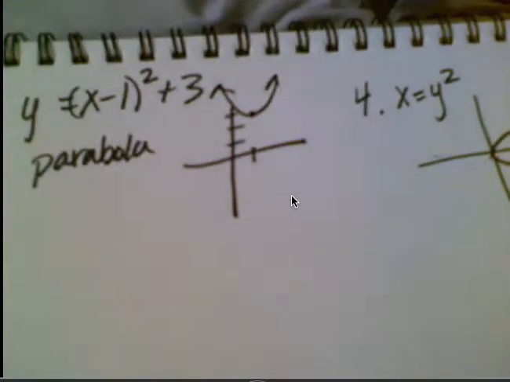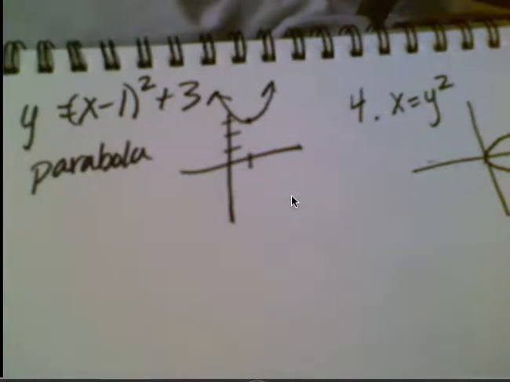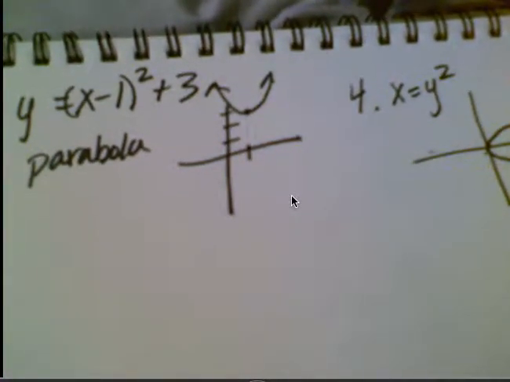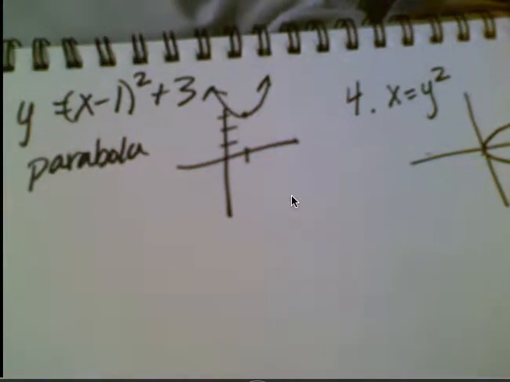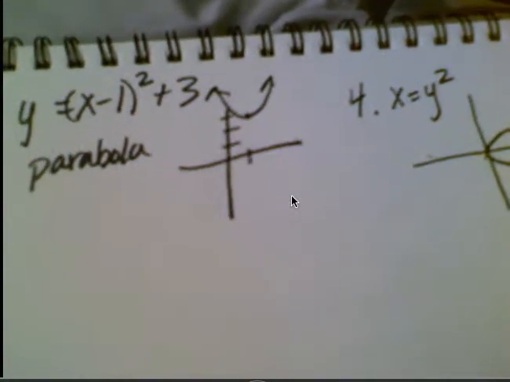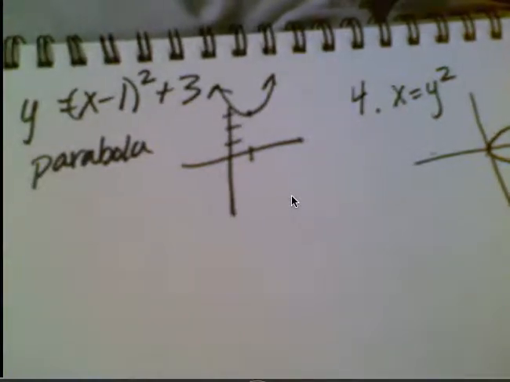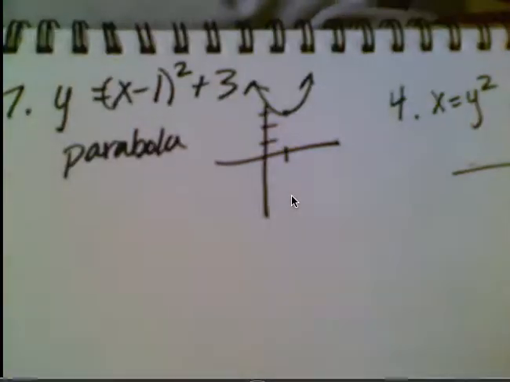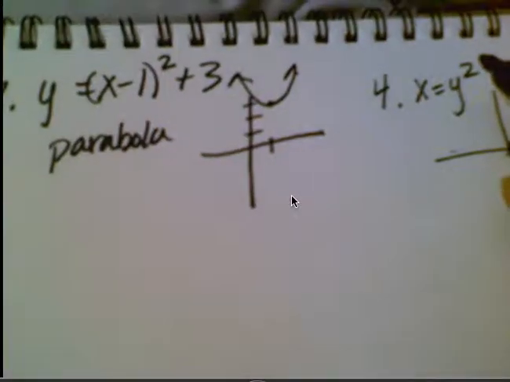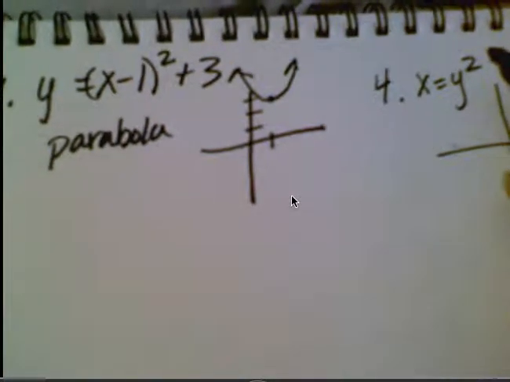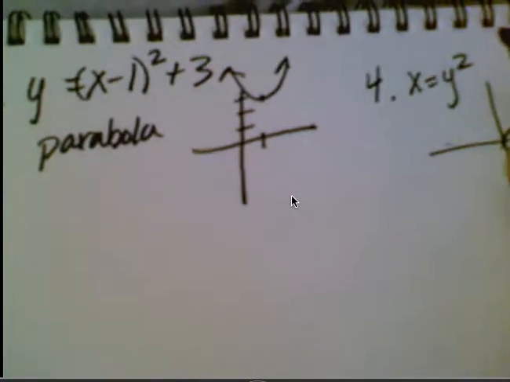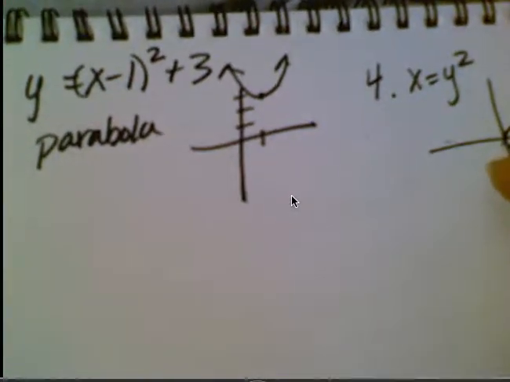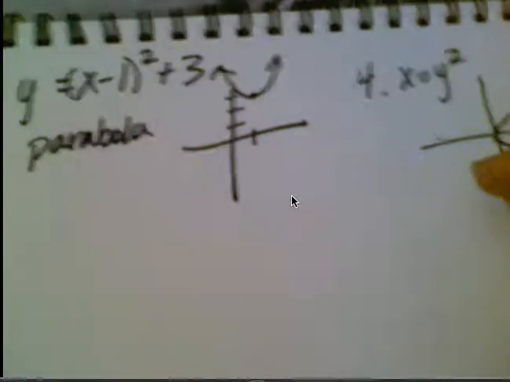Now the rest of them you're going to look and see, are they hyperbolas, are they ellipses, or circles? Remember we want to make it equal to 1, and if my denominators are the same, it's a circle. If the denominators are different, then they are an ellipse, and it's plus.